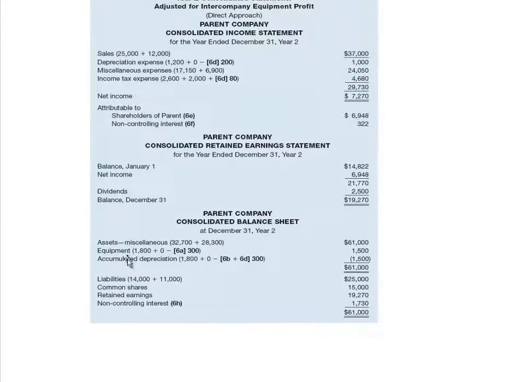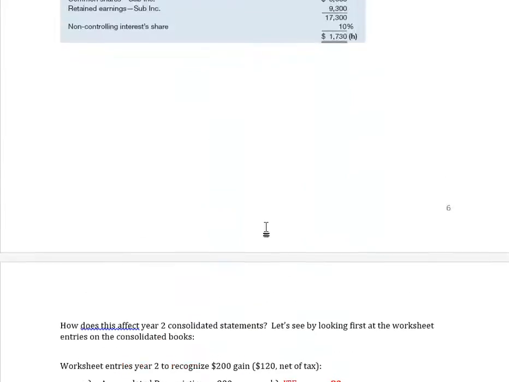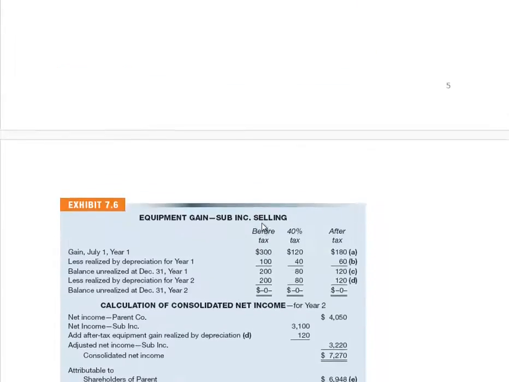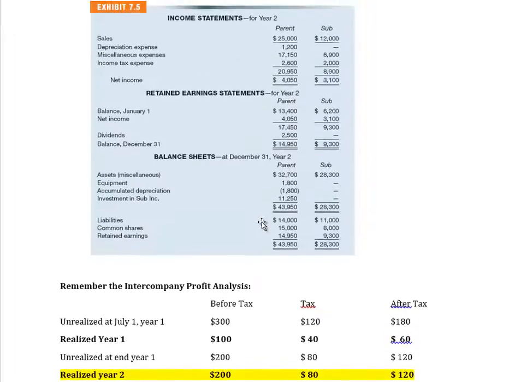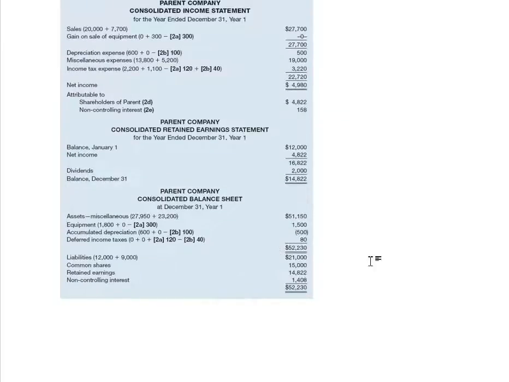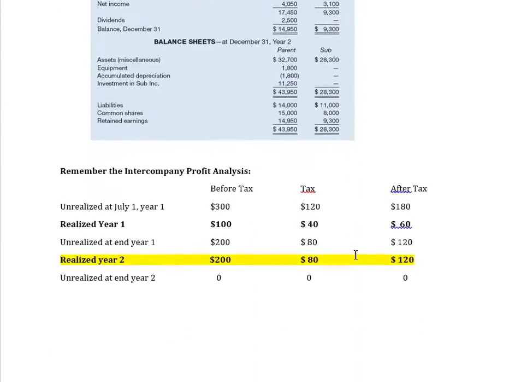Now notice that in the consolidated balance sheet they no longer show you the deferred tax asset. But if you go back to the end of year 1, it was sitting at 80 bucks, right? If you go back up here, the deferred tax asset at the end of year 1 was sitting at $80, right here. But now you reverse that out.